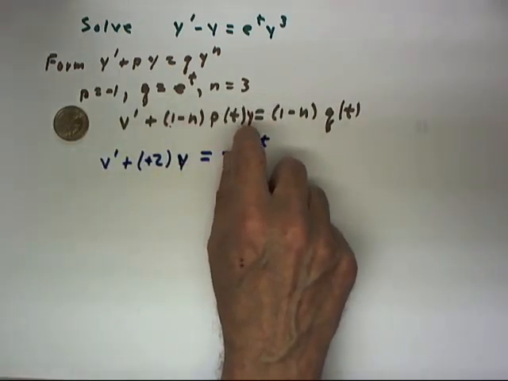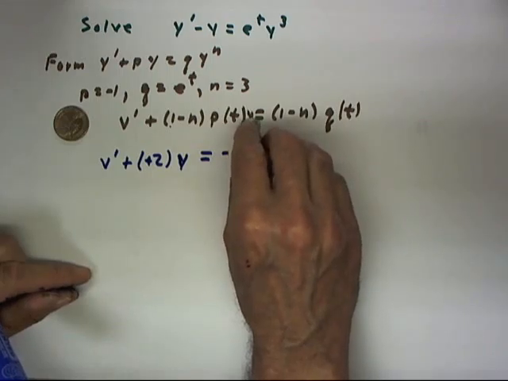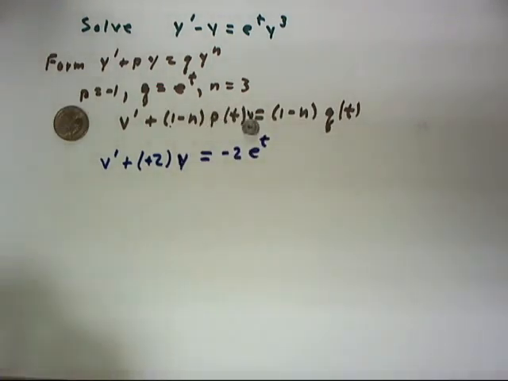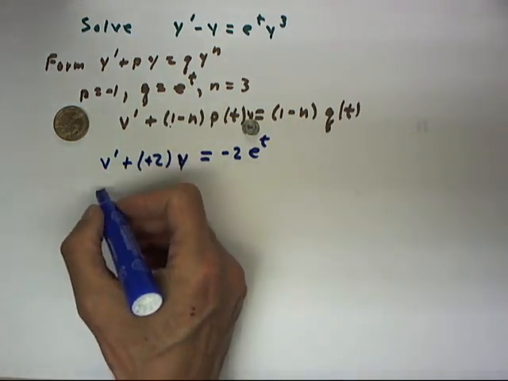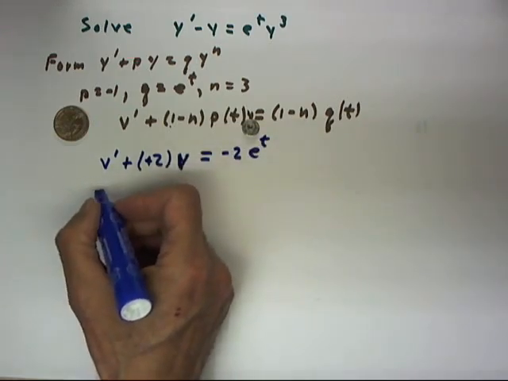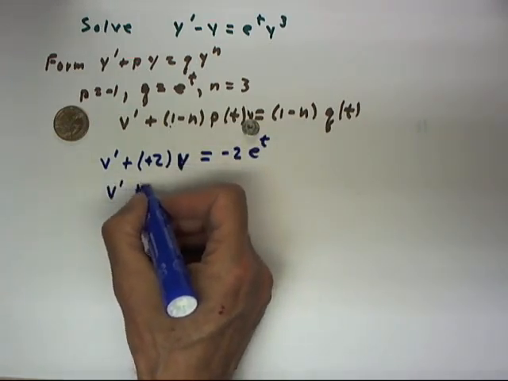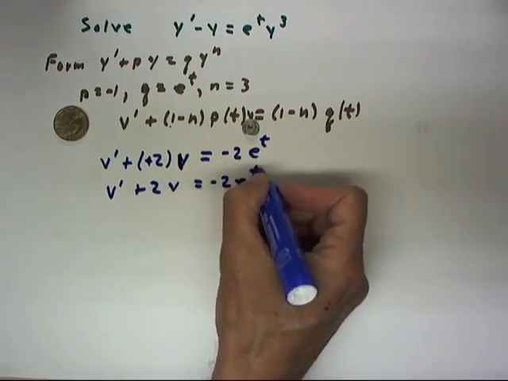And this should also be v. I can kind of make it into a v. There we go. Okay. Now, it still kind of looks like a y. Okay, so we have the equation v prime plus 2v equals negative 2e to the t.